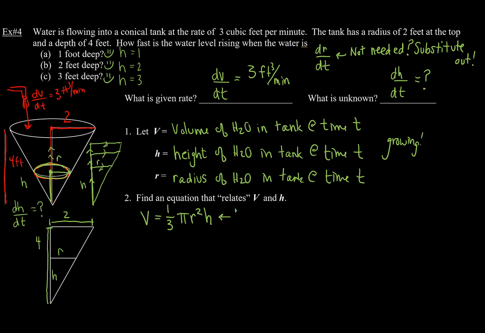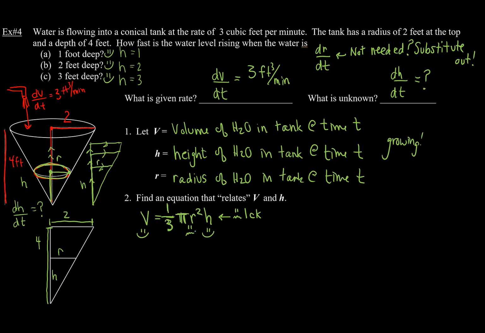Now, I'm going to tell you something. We don't want to take the derivative here because pi is just a number, 1/3 is just a number, but I've got volume and I've talked about height, and I don't want multiple variables here because I wasn't given a rate of change for the radius. So I need to get rid of the r.